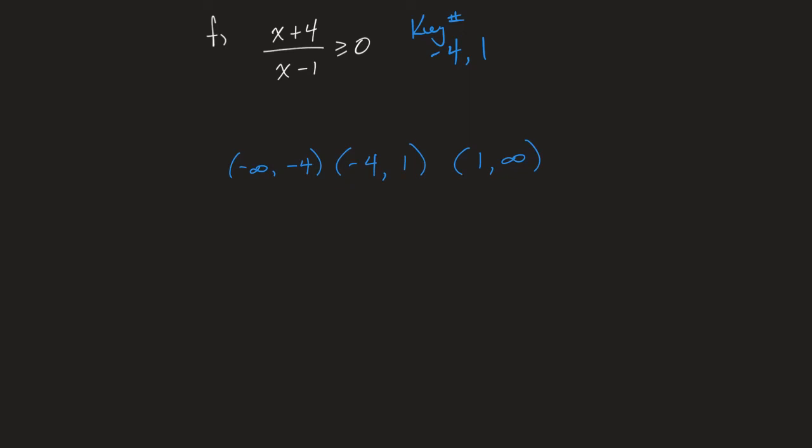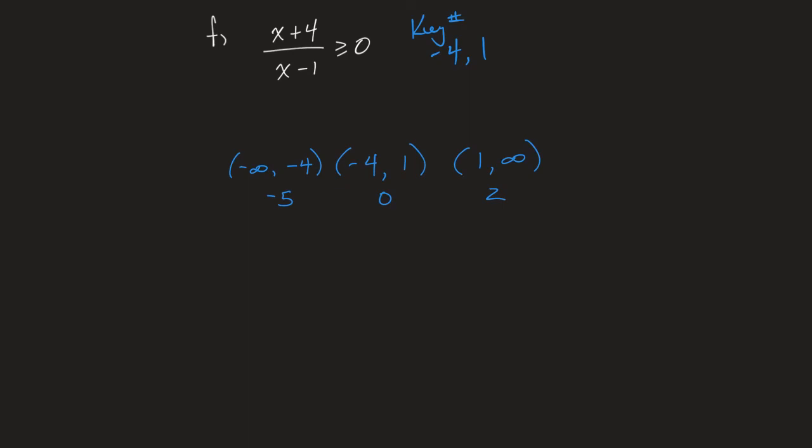So let's pick the easiest x values to choose. Okay, well, how about -5? That fits in that interval. Somewhere between -4 and 1, well, 0 would be the easiest number that I could think to work with that fits in that interval. Anytime I get a chance to work with 0, I'm going to. And 1 and greater, or to the right of 1, well, I think 2 would be the easiest one to work there.